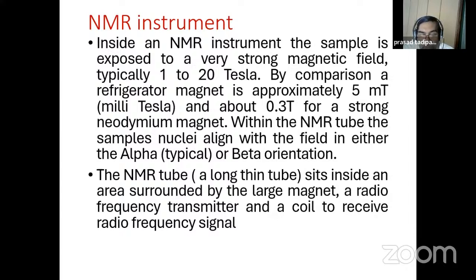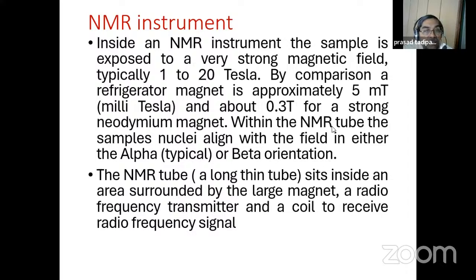Inside an NMR instrument, the sample is exposed to a very strong magnetic field, roughly 1 to 20 Tesla. By comparison, a refrigerator magnet is approximately 5 milli Tesla and a strong niobium magnet about 0.3 Tesla.